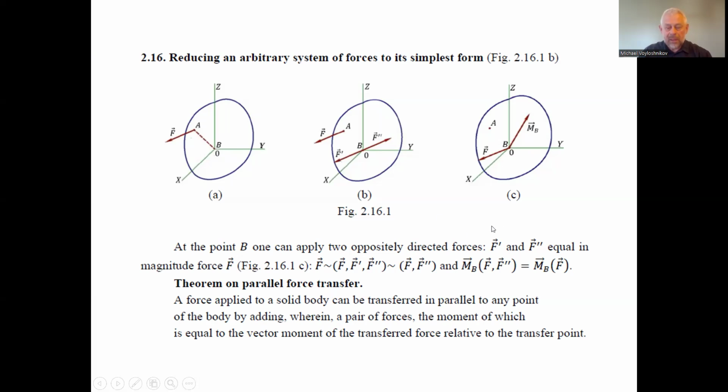One force is F1 stroke and the other force is F2 stroke, as shown in figure 2.16.1b. And this system of forces gives us, first of all, the force applied in the new location. I mean, the force F stroke parallel to the assigned force F, but applied to another point, the beginning of the radius vector BA.